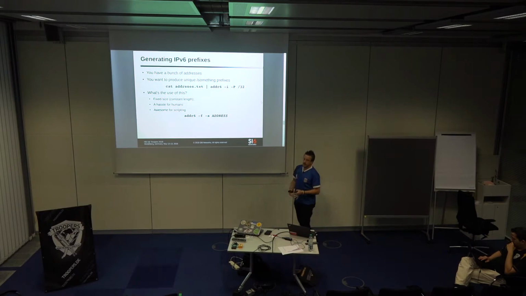Now, what I wanted to do is to automate all this, so that if I was somehow discovering addresses, I could come up with the corresponding prefixes and use those prefixes for reverse enumeration. So this is what this tool does, address 6 over there.